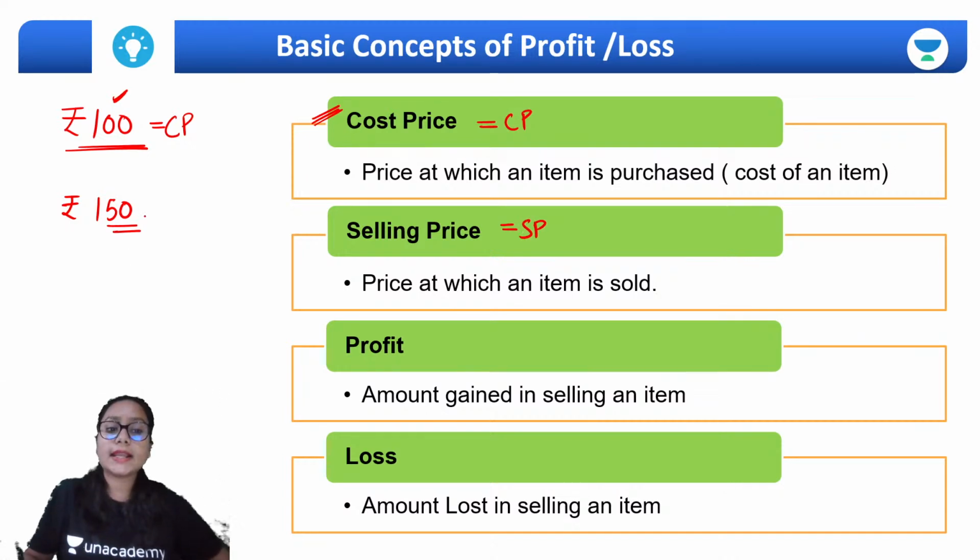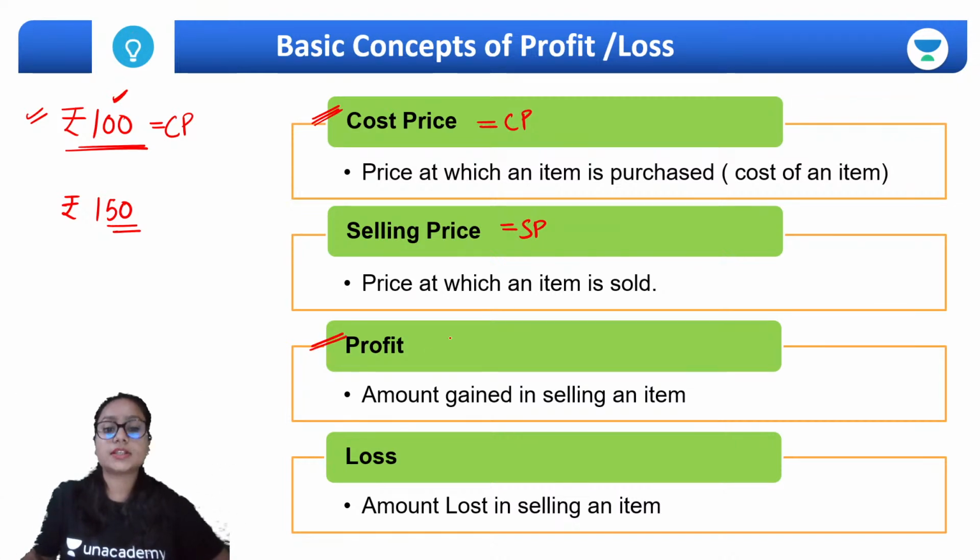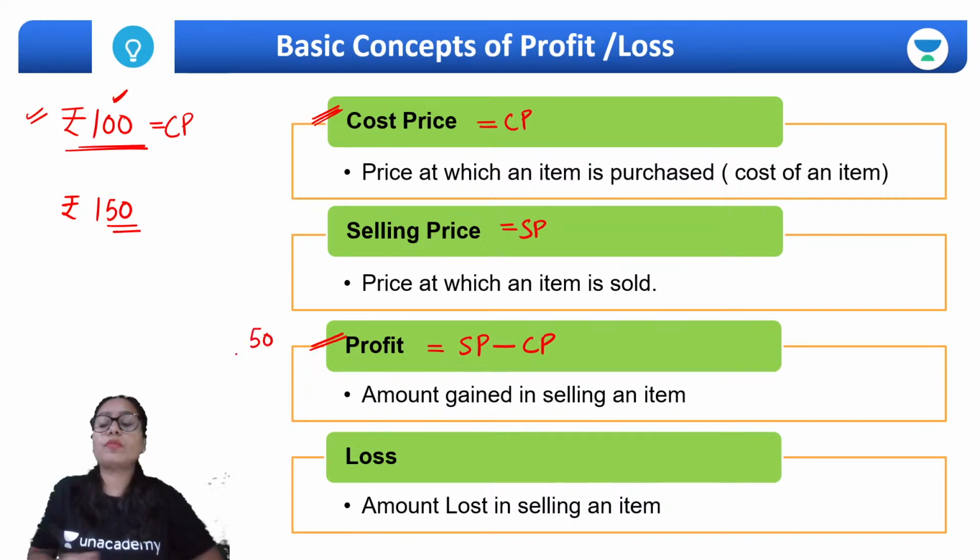Now I sold it for an amount higher than the cost price, so I gained some amount. The amount which I gained is known as the profit, and profit is calculated as selling price minus cost price. In this case my profit is 150 minus 100, that is 50.